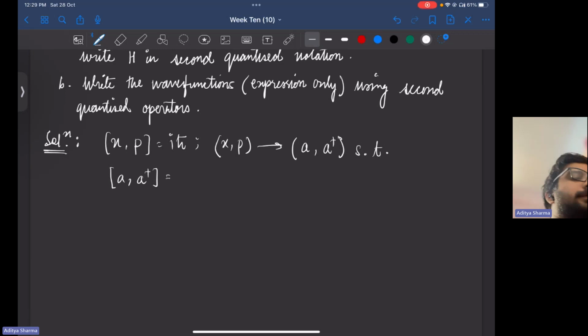So actually, we remove the factors of i h-bar by redefining x and p as a and a dagger, such that i h-bar goes away, but you're always going to get a structure like that.